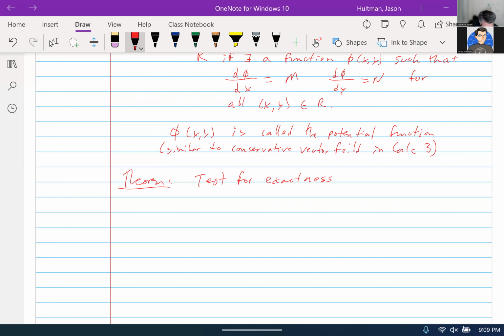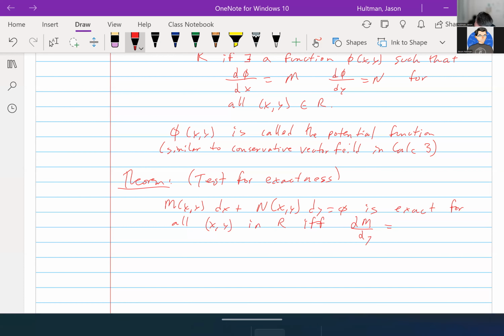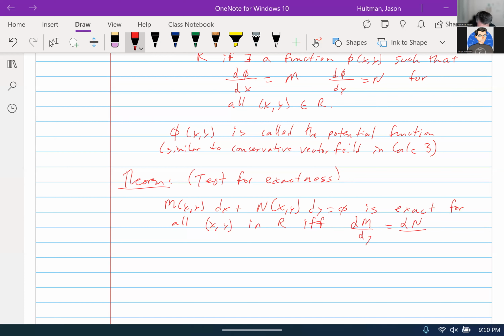M of x,y dx plus N of x,y dy equals 0 is exact for all x,y in R if and only if the partial derivative of M with respect to y is equal to the partial derivative of N with respect to x.